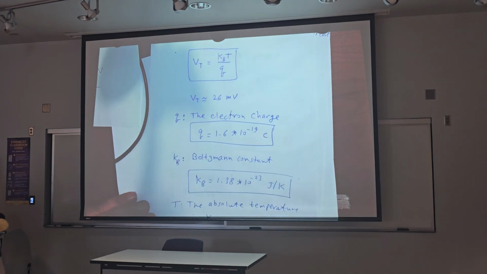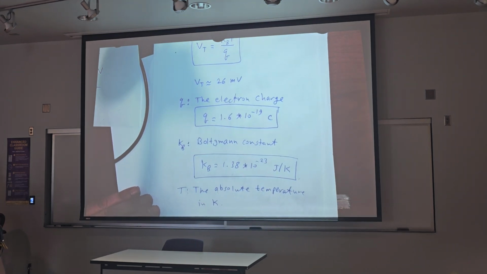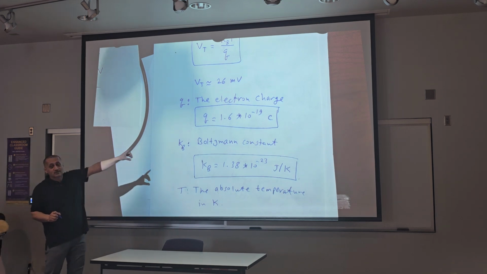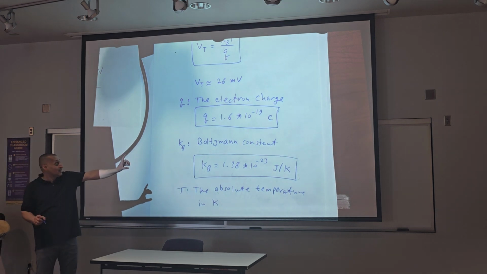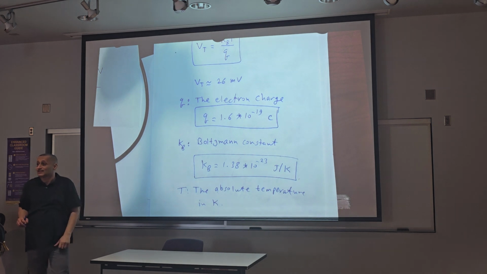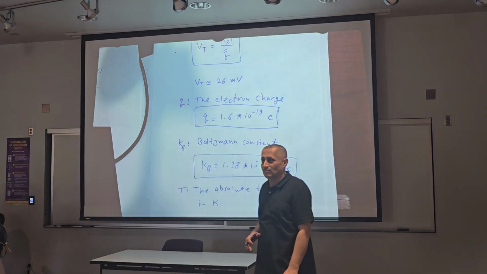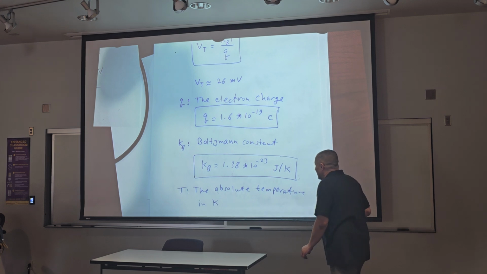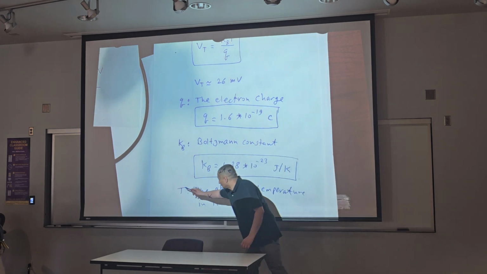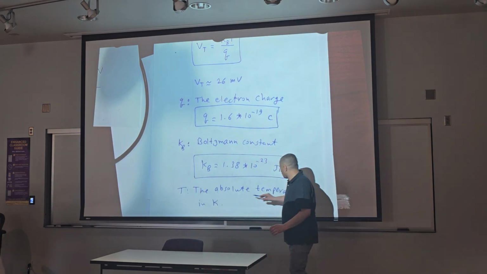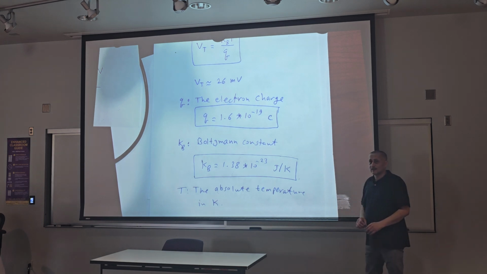Sorry. You have a question? Yes. Electron charge Q in coulomb. Yeah, the unit of the charge is coulomb. Okay? Yeah. T, what do you mean by absolute temperature in Kelvin?